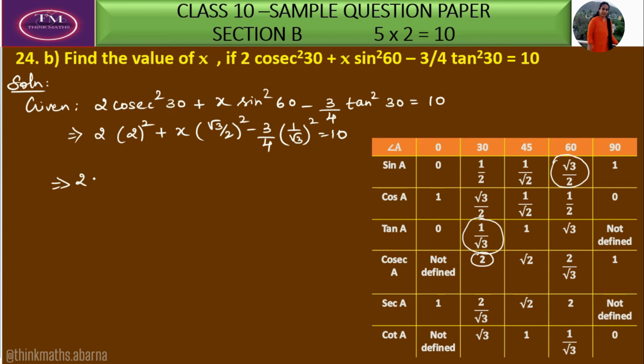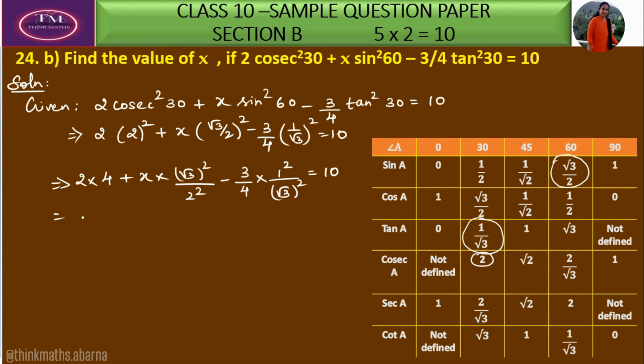So 2 into 2 squared is 4, plus x into (root 3) whole squared. The root and the power 2 get cancelled, so in the denominator we have 2 squared, minus 3 by 4 into 1 squared divided by (root 3) whole squared, which is equal to 10.